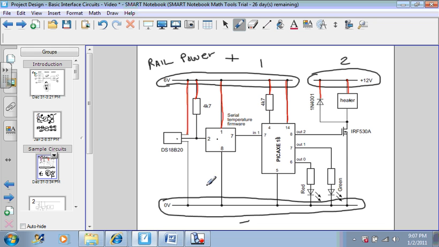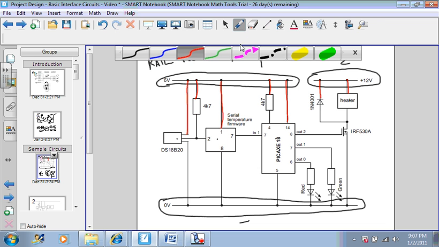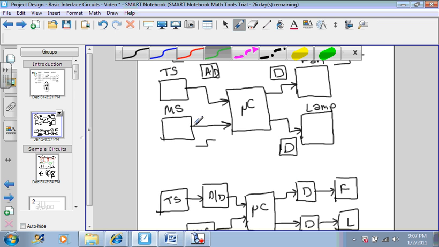The vertical lines are what is used to connect to the rails. All the vertical lines generally are connected to the rails. Okay? And the horizontal lines, that represents what we call your signals. So your horizontal lines will look very similar to what these are.